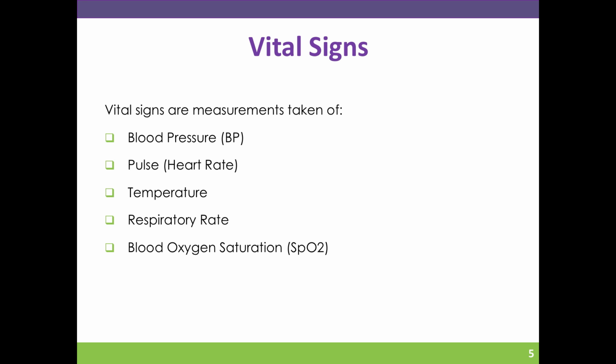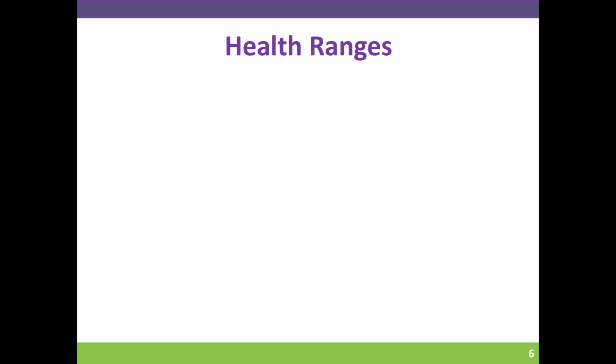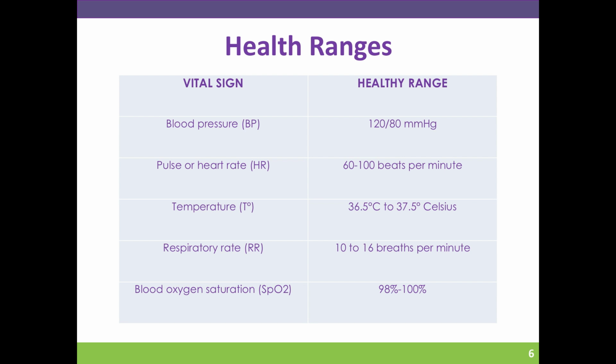Let's now look at the healthy ranges for vital signs. For blood pressure, also known as BP, the healthy range is 120 over 80 millimetres of mercury. For pulse, the healthy range is between 60 and 100 beats per minute, dependent on the person's physical health status and their age.